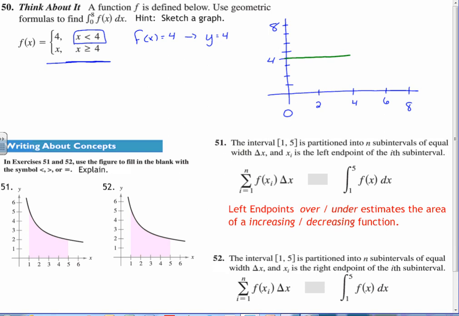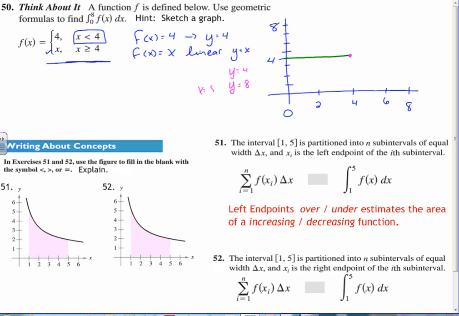For the next portion of our piecewise, it says f of x is equal to x. Well, we all know that this is a linear function, right? And that means that y is equal to x, up 1 over 1. If I start this at 4, and I plug in 4, it would say y equals 4. So we're picking up right where we left off. How about when we are at x equals 8?